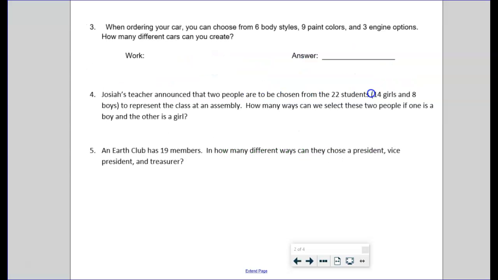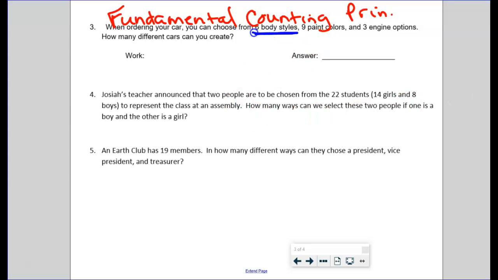This next one is a fundamental counting principle. Every time you make a decision, you have to figure out how many choices you have. In this one, we're ordering a car, and we're going to choose from various body styles, various paint colors, and our engine options.